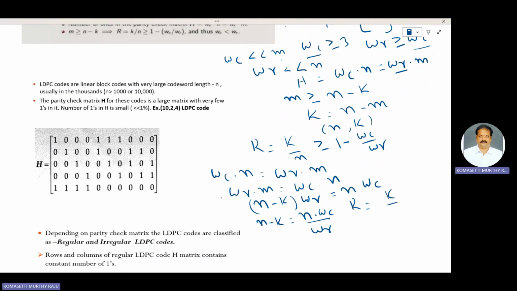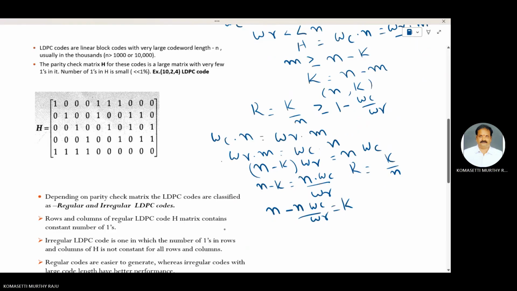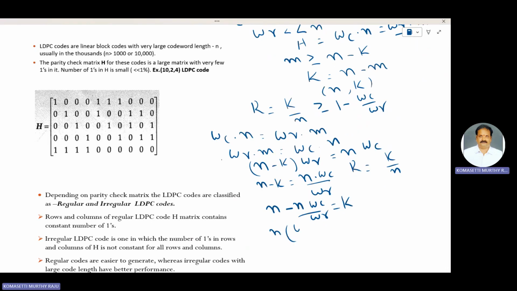We know that the code rate R is equal to K by N. From that we calculate N minus N into WC by WR is equal to K. Here, N into (WR minus WC) by WR is equal to K. Substitute the K value in that expression: K by N is equal to (WR minus WC) by WR.